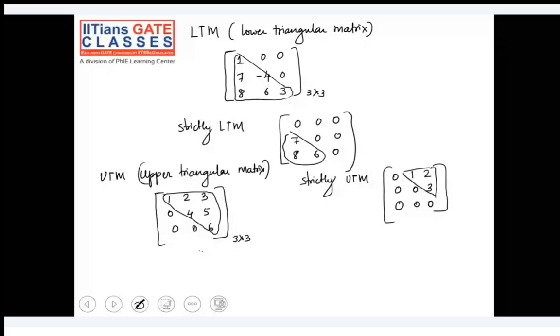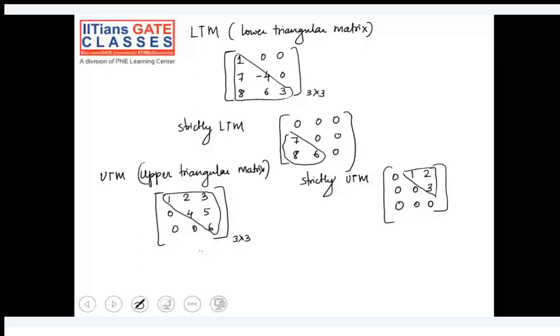It's been a while since we studied this, so it's important to recall those basic concepts in order to study some advanced topics like solution of linear equations, eigenvalues, eigenvectors, etc. The next type is lower triangular matrix.